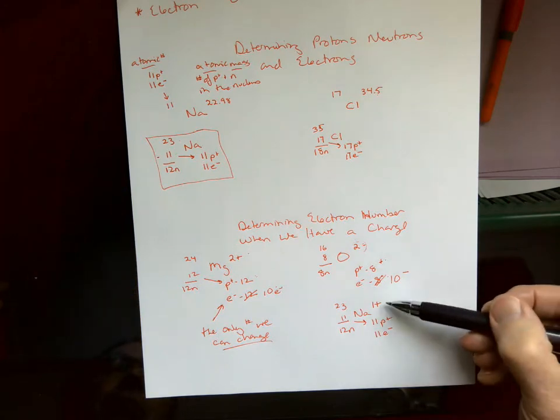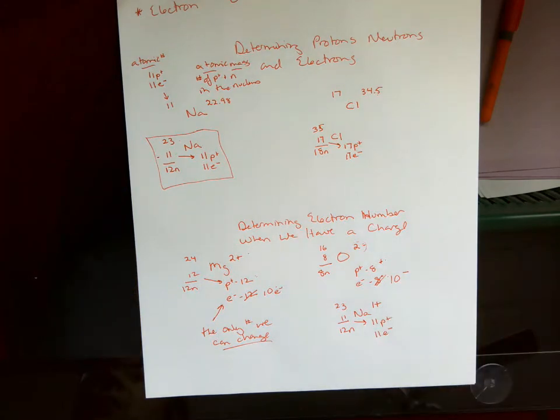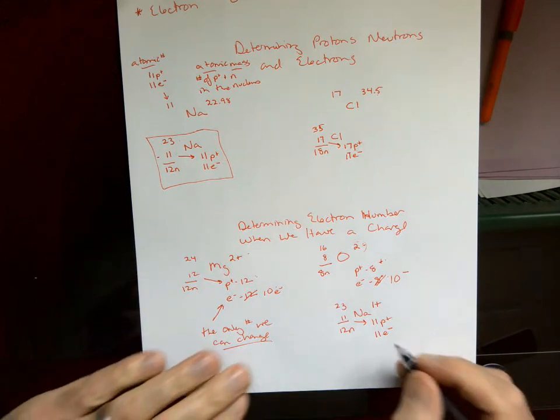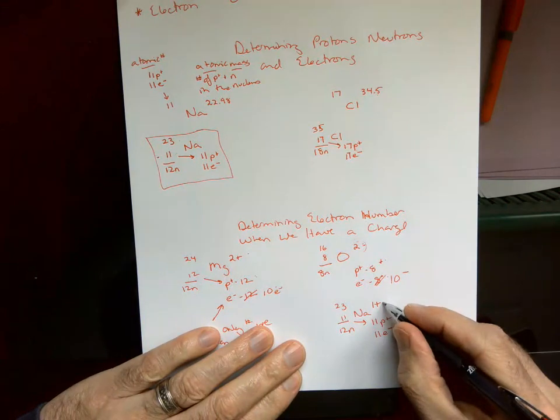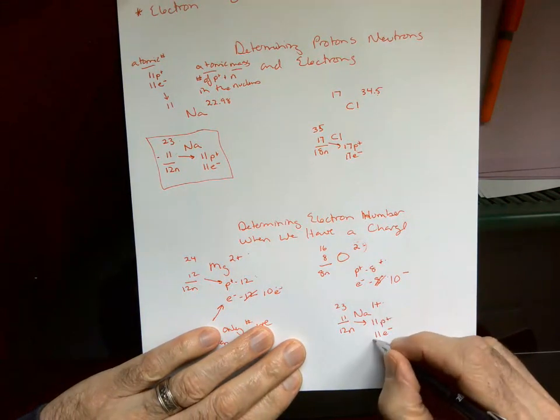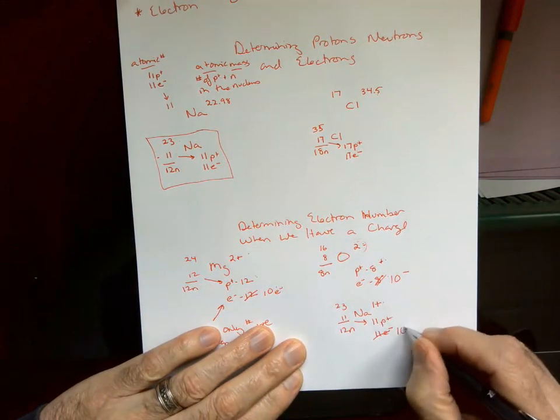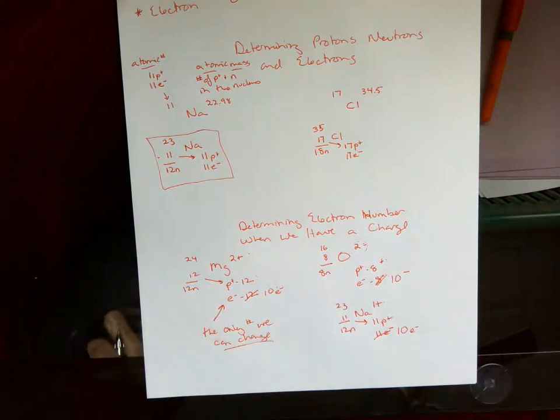Remember that plus means we need more of the positive than the negative, but we can't change the positive. We can only change the negative. Take a few seconds, see if you can figure this out. Okay, so we need 1 more plus than we have negatives. We can't change the positives. We can only change the negatives.